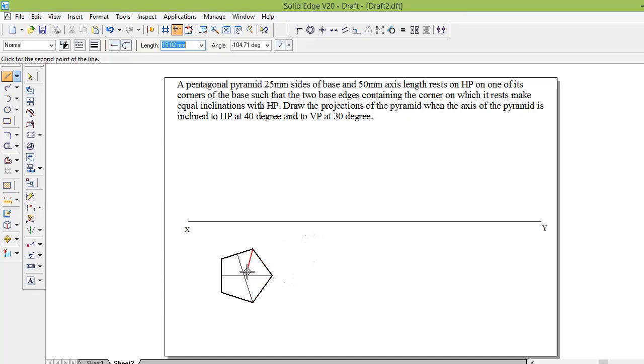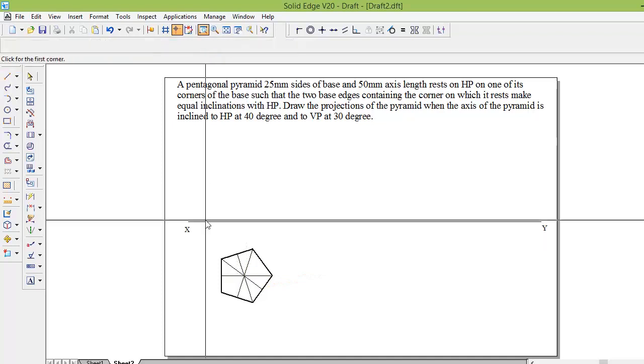See, if you observe here, any two you can join, you can observe the center point. Now from this to the center point. I will zoom this.